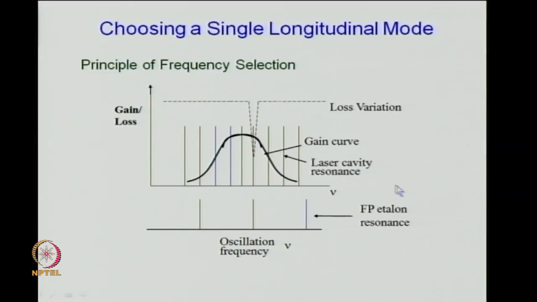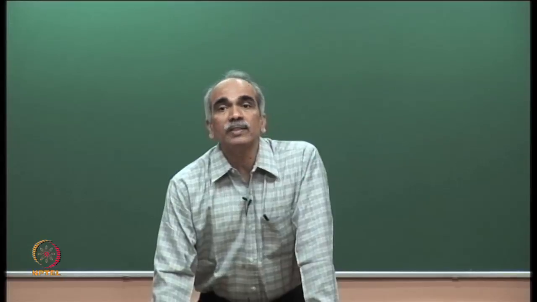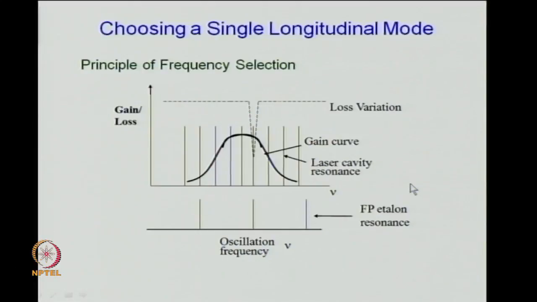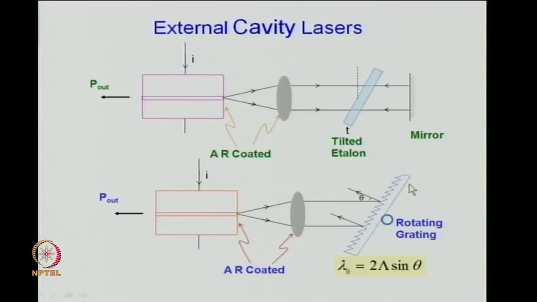For example, we will see the mechanism of choosing single frequency lasers, but if you have a Fabry-Perot echelon, we will see, let me show the next diagram and then come back. So, this is the laser here, it is AR coated, anti-reflection coated, and the light output from this end passes through this. This is the semiconductor laser, the basic device, current passes through the device and gain is provided by this medium, and there is a Fabry-Perot echelon, a tilted echelon.